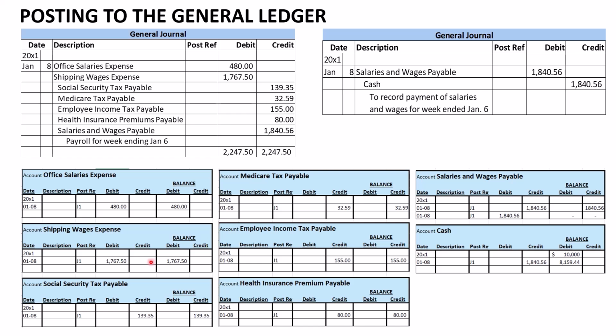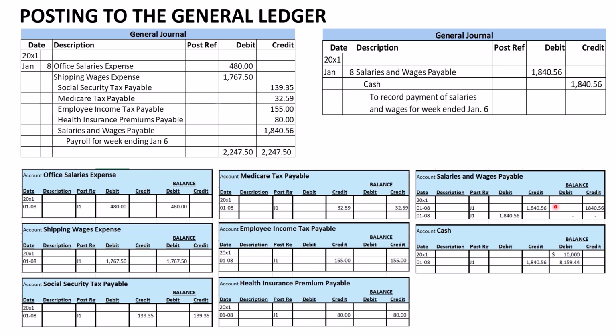We then credit all liability accounts, the Social Security tax payable account for $139.35, the Medicare tax payable for $32.59, and the employee income tax payable account for $155, and the health insurance premium payable account for $80. We then credit the salaries and wages payable account for $1,840.56. And that completes the posting of the first journal entry.